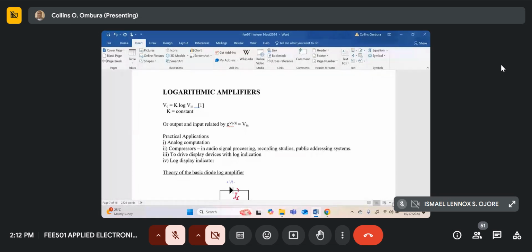Now, the other application is in compressors. In audio signal processing, recording studios, and public address systems, we normally use log amplifiers in the compressors. Compressors are used in recording studios to compress a signal so that it can fit the dynamic range of, say, a transmission media. It could be a recording tape. It could be a channel.